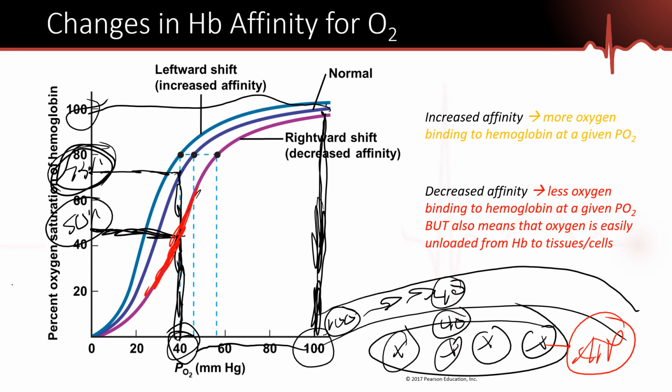So when the body is hot and acidic during physical activity, hemoglobin will release more oxygen into the cells, the tissues, than it normally would at a given partial pressure. And that provides more oxygen to the contracting muscle cells that need that extra oxygen to make more ATP through oxidative phosphorylation to meet their ATP demands.